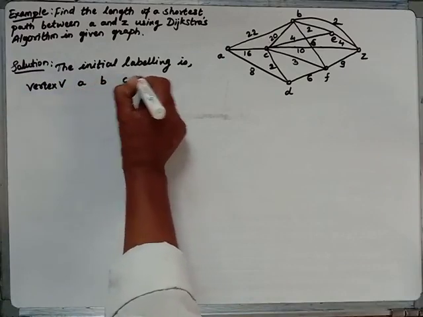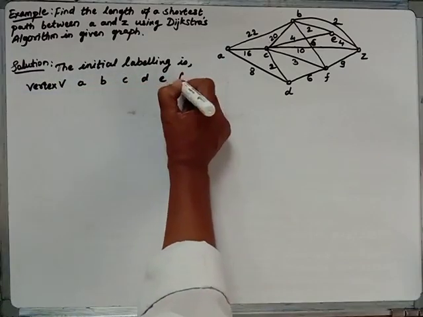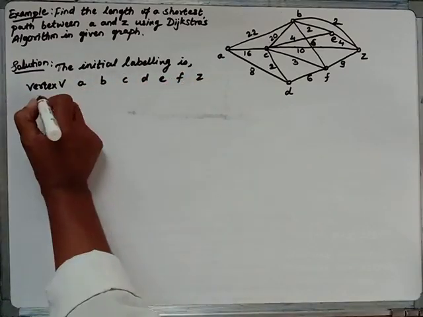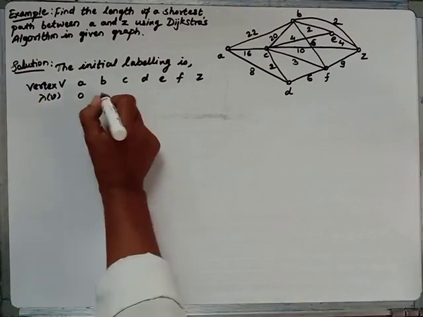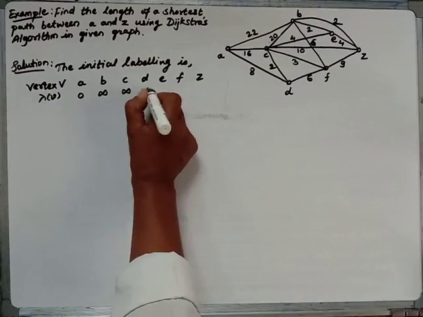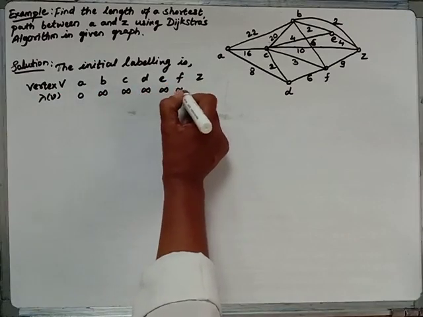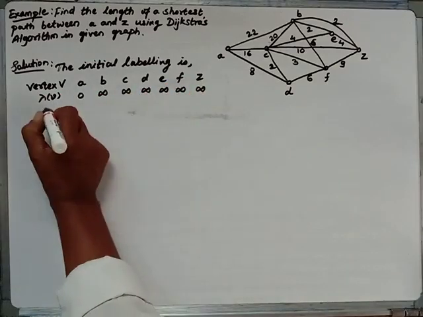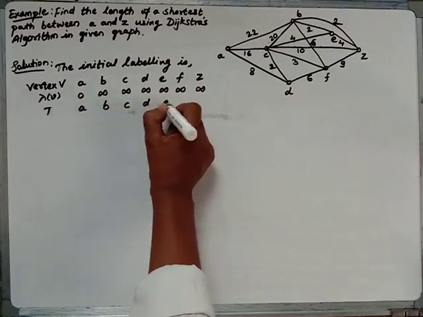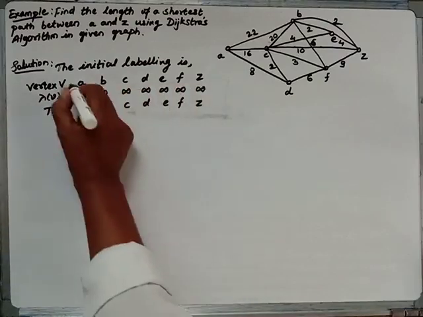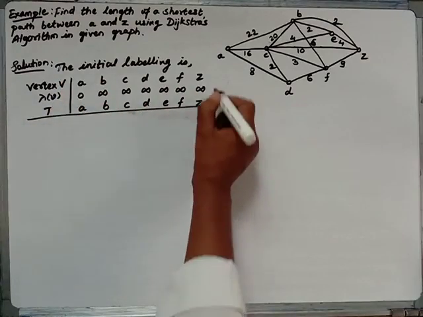A, B, C, D, E, F and Z. Then lambda of V. You know lambda of A we have to take 0, the other ones we will take as infinity here. Right? And T: T is all the vertices at the initial stage. This is our initial labeling.